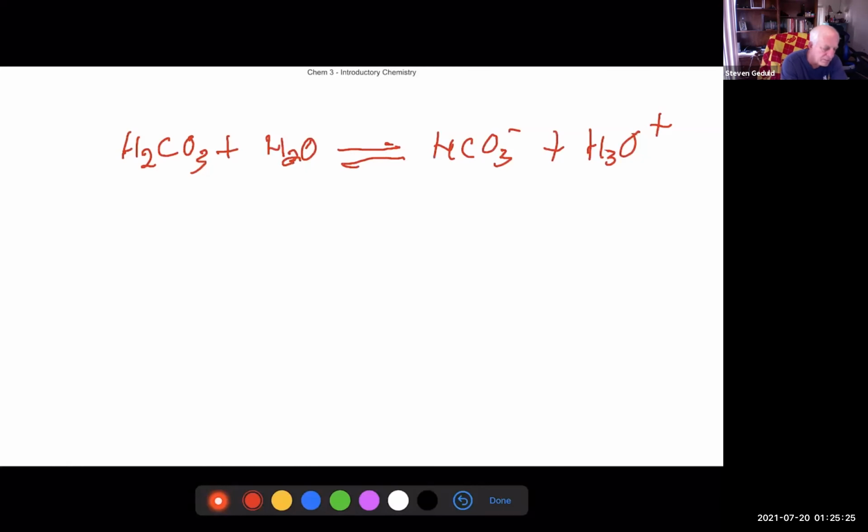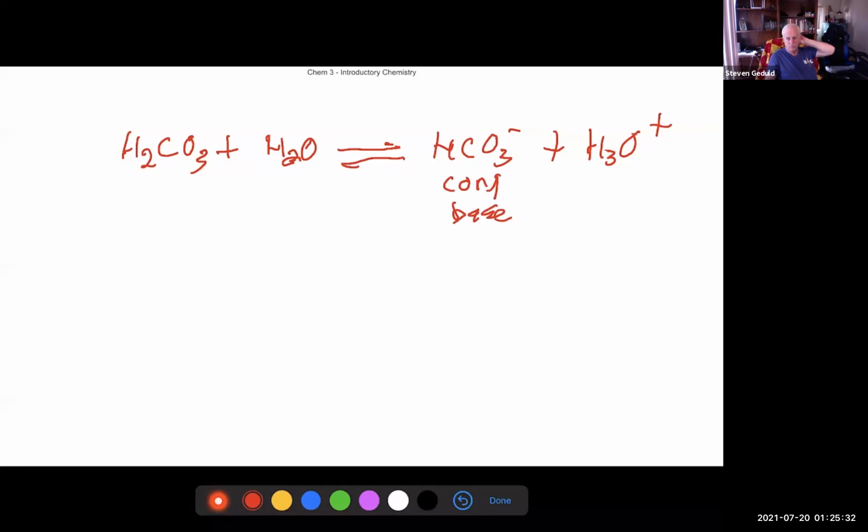So you have an acid and the water is your base. And this is your conjugate base, right? Now the conjugate base can accept a proton, like an inverse reaction.